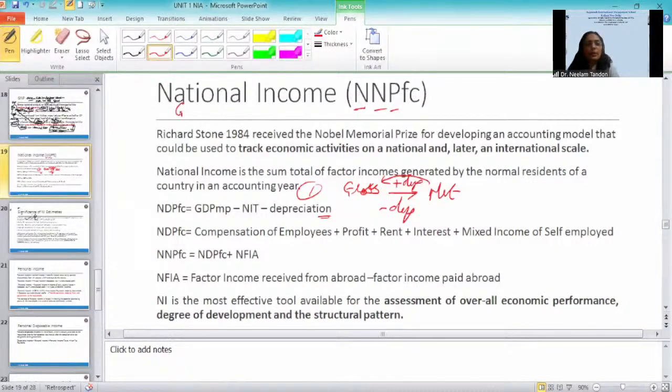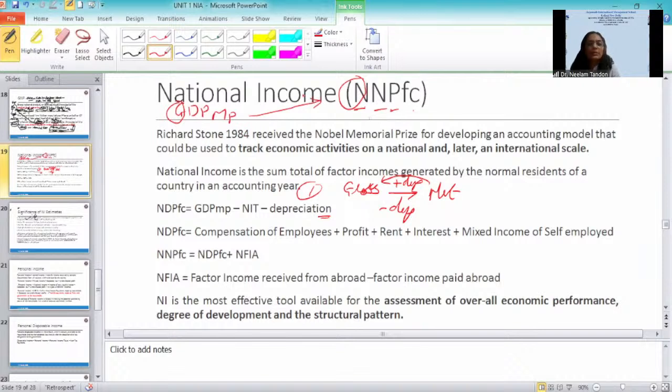We had GDP at market price, you understand? We are moving from GDP to national income. National income is NNP at factor cost. What is NNP? NNP is net national product at factor cost. Net, when you go from gross to net, what do you do? You deduct depreciation.